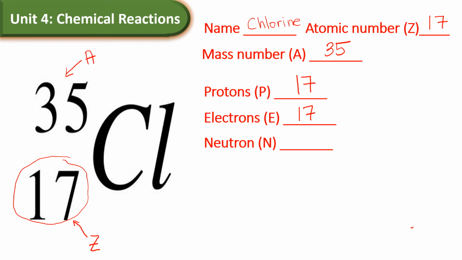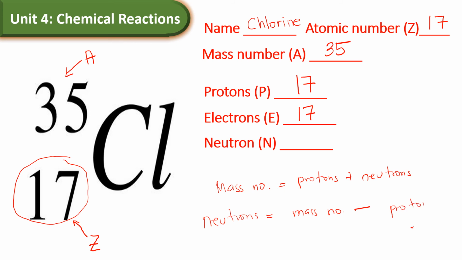How do we get the neutron number here? Remember that your mass number tells you about your number of protons and neutrons. So to get your neutron, all you have to do is subtract, meaning neutrons equals mass number minus protons.